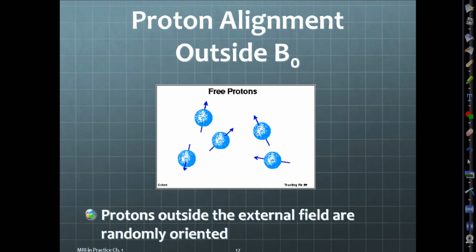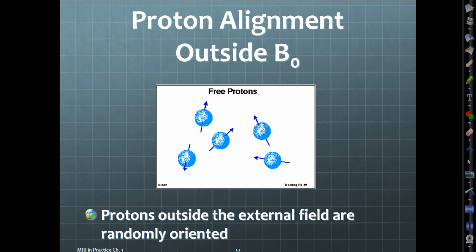All right, so let's talk about these little bar magnets within our body. This is what our hydrogen spins look like right now, where we don't have an external magnet. The only external magnetic field we have going on right now is Earth's, but that's not strong enough to align the vectors in our body, because it's about 0.6 Gauss, not very strong at all.